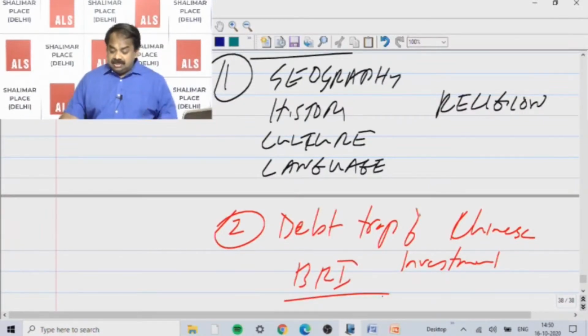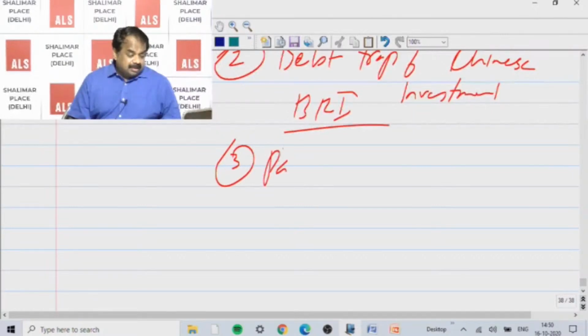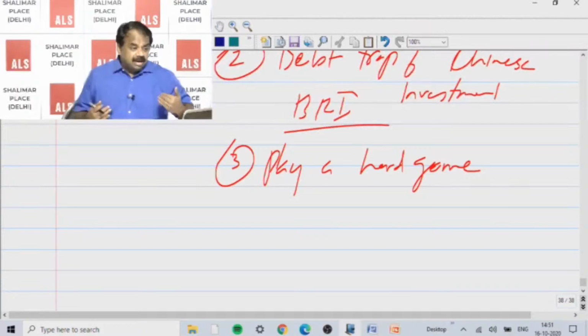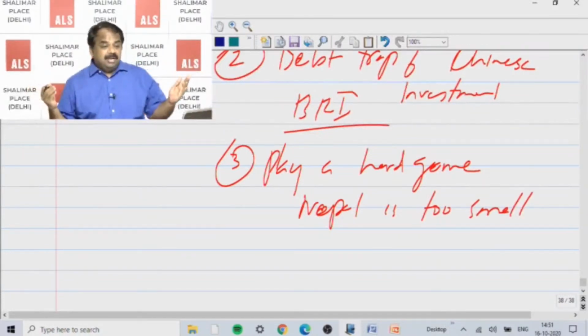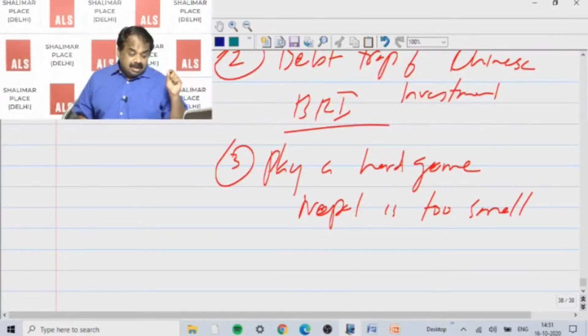And another issue is Nepal is also aware that if they try to play a hard game, Nepal is too small to be a player between India and China. They should understand that Nepal is too small compared to these giant neighbors. Had it been between India and Bangladesh, it might have been a bit better. But now both the players are too big, and Nepal is too small.